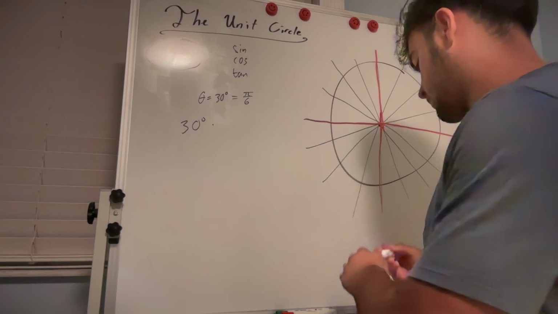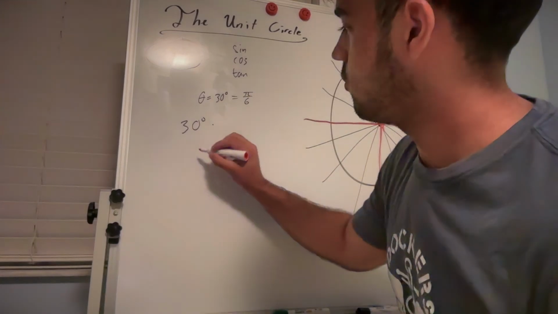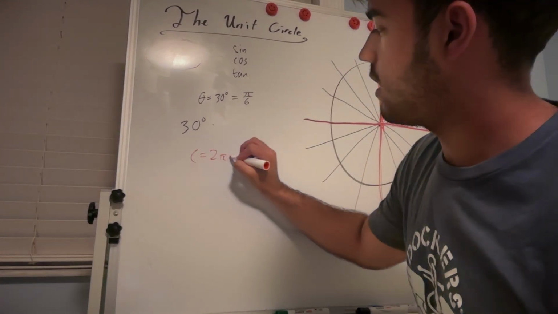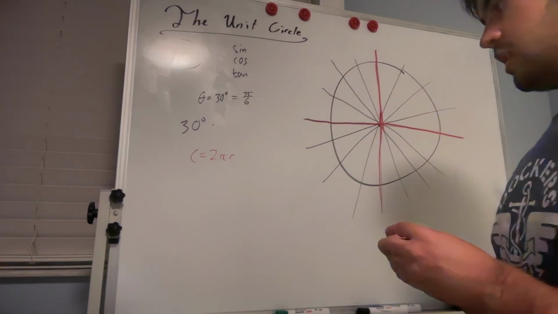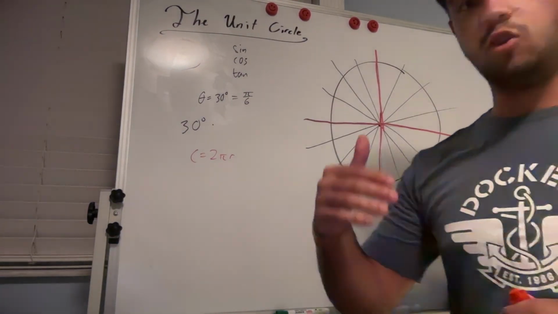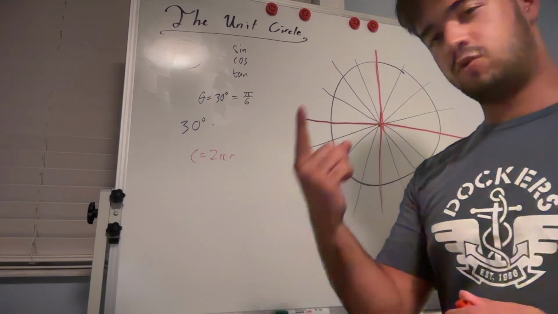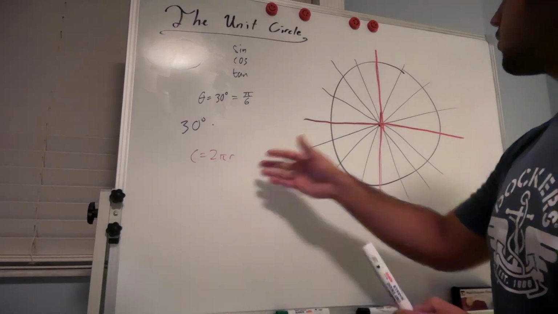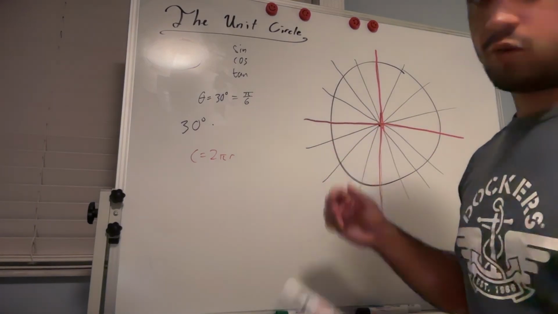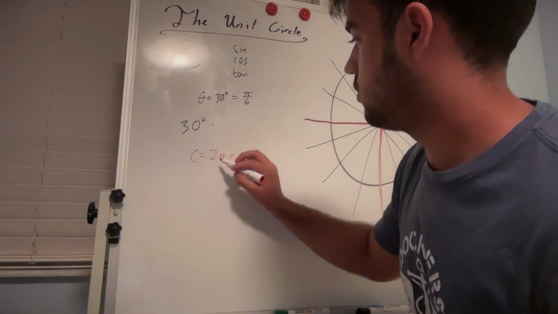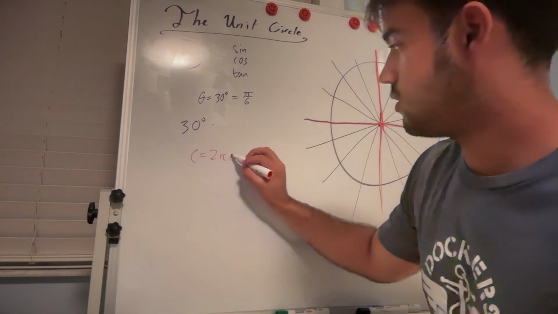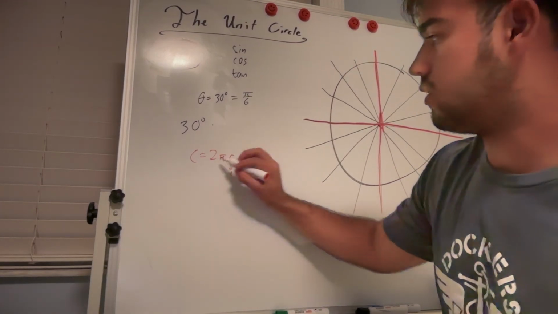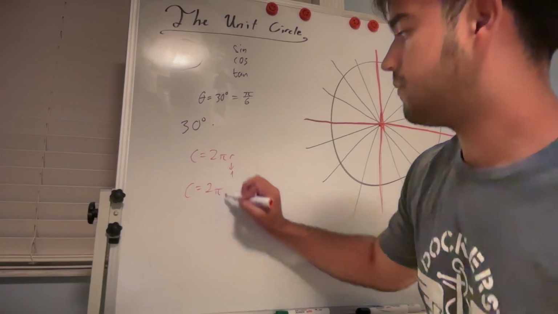And that would be that the circumference of a circle is equal to 2 pi r. Now, it's called the unit circle because the radius is 1. Unit meaning 1. So, in the unit circle, the circumference is 2 pi because the radius is 1.